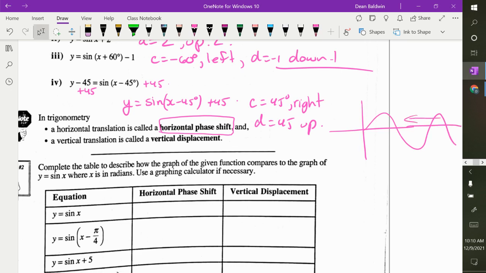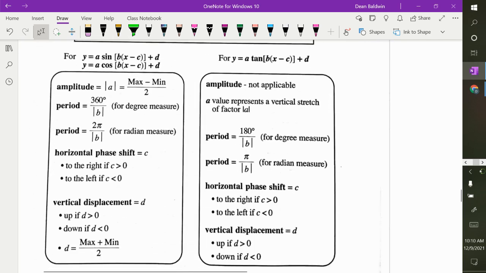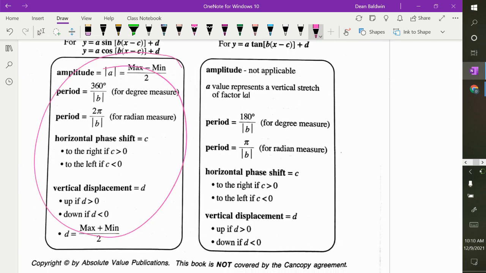So it's like a phase of the graph, all right? Just say left, right, up, down. I'm happy, all right? But they will say a horizontal phase shift or a vertical displacement. That's the same word. Okay. We're not doing the table. We'll talk more about this tomorrow, so we're not going to worry about that right now.